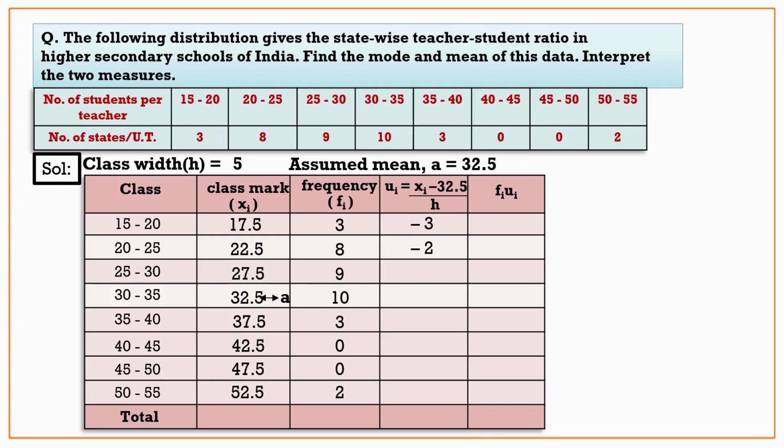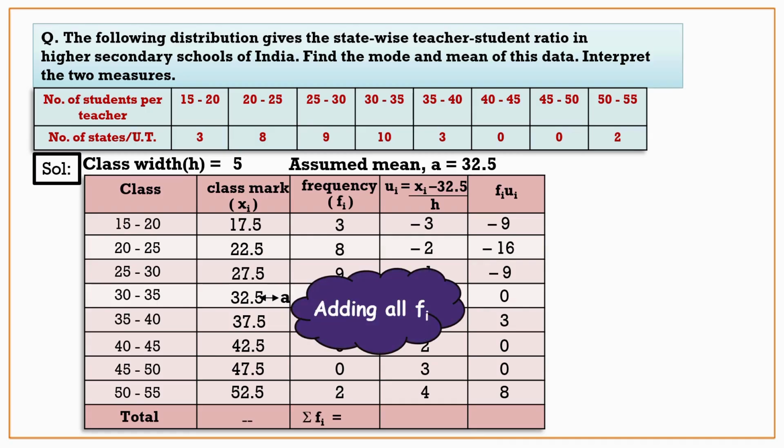Now calculate ui, that is xi minus 32.5 by h. Okay, now let's multiply fi with ui.